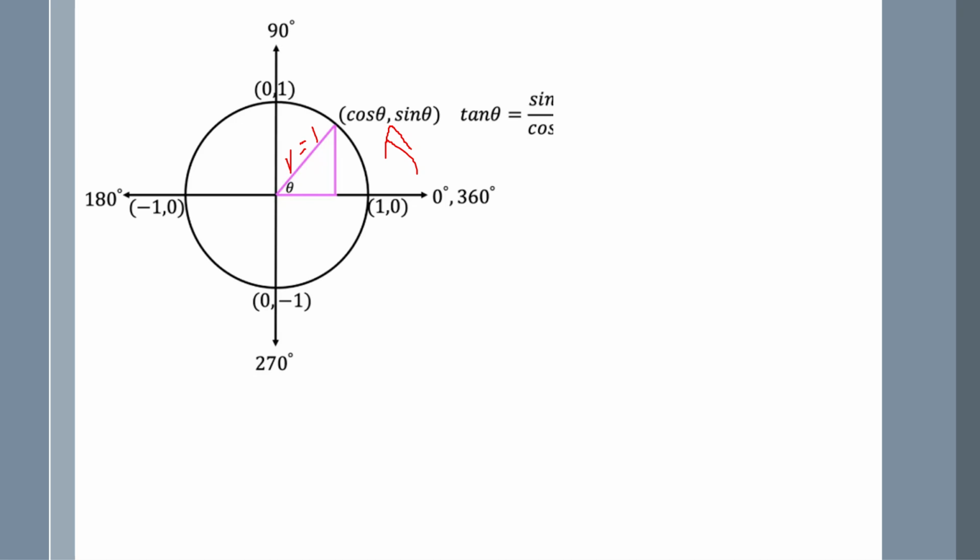I'll show you a picture of what that graph looks like momentarily. And we know that tangent equals sine over cosine, but yet we haven't explained the why. That's going to be something that you're going to need to know for your test, so be prepared.